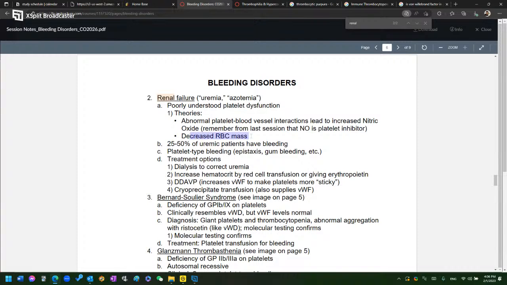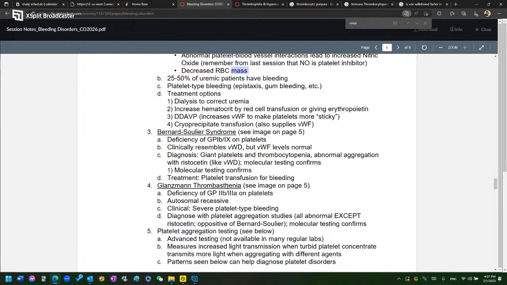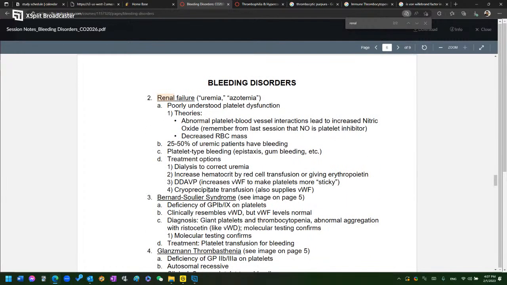And less red blood cell mass means less platelets being pushed out to the periphery, which means less contact with the surface of the endothelium, which means less clotting. I didn't go into treatments for a lot of these, I realized. But a lot of these can be done with platelet transfusions, right? For these platelet related ones.